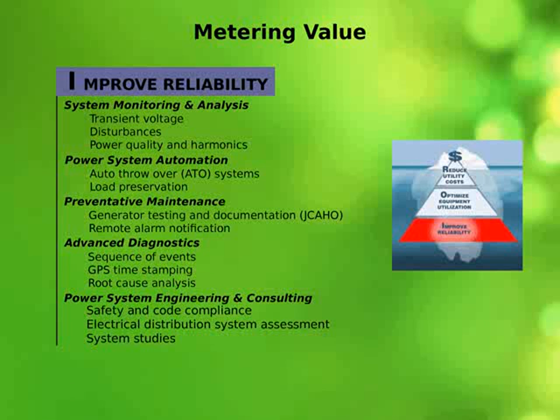Obviously, with things such as system monitoring analysis, depending on the type of infrastructure, what you have and what you need to monitor and solve are things such as transient voltage, disturbances, power quality, and harmonics.